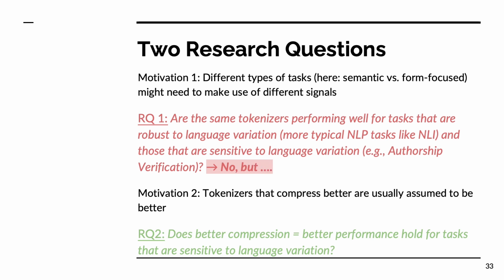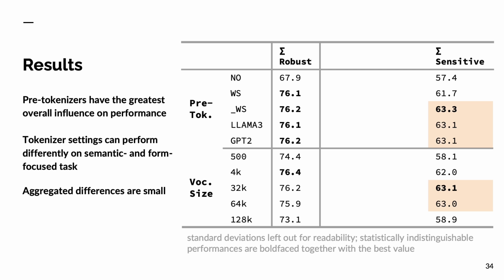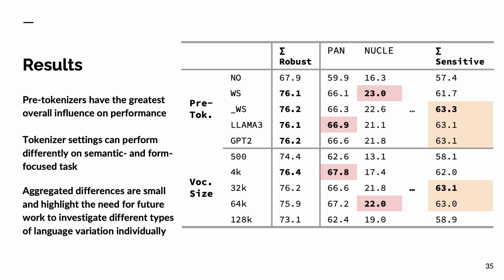But when we look back at these scores, the aggregated differences are pretty small. And when we look even closer at specific subtasks, we find that the best performing choices for these subtasks are often not the same as the overall best performing, and are not really consistent between the different subtasks.